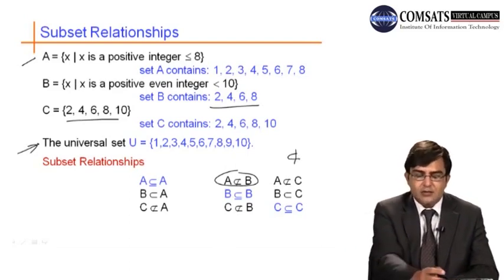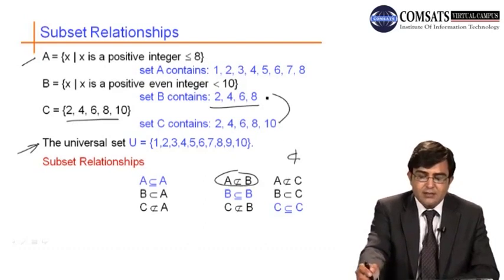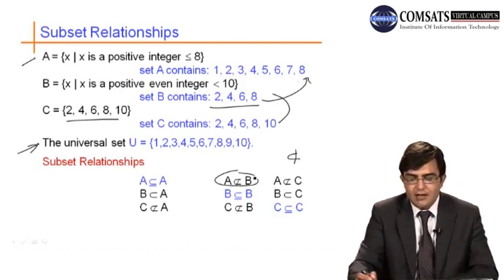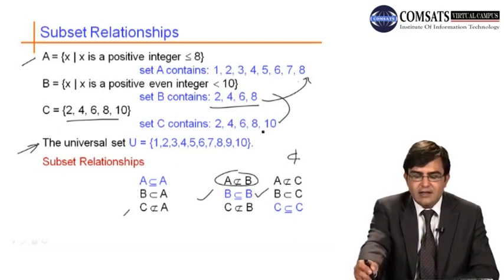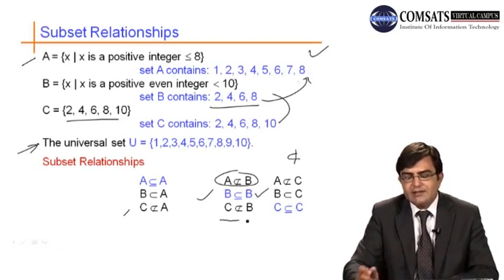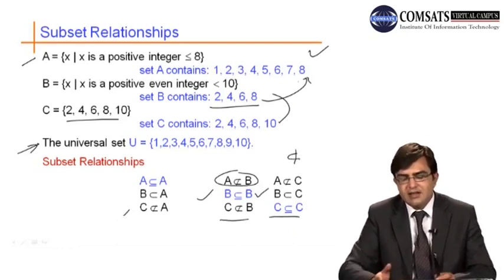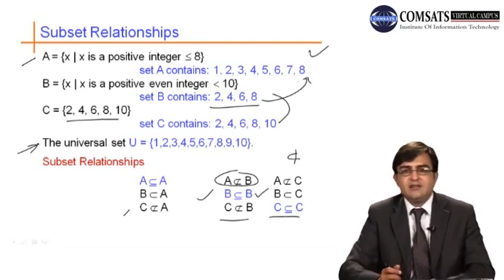Next is B. We can see B is a subset of A, B is a subset of B, B is a subset of C. C is not a subset of A because C contains 2, 4, 6, 8, 10, but in A we don't have 10. Similarly, C is not a subset of B. So these are the subset relationships we can see by using these sets.